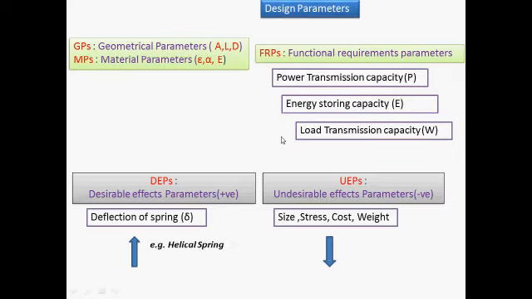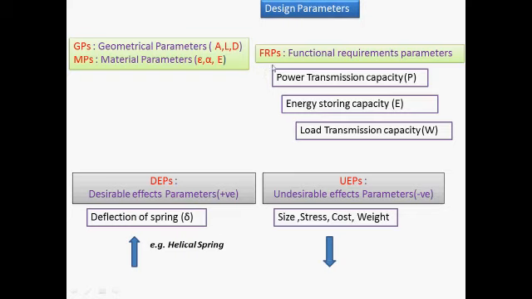To make the optimization, we are going to consider certain parameters which are called the design parameters. First one is functional requirement parameters. For any design solution, there will be a functional requirement.